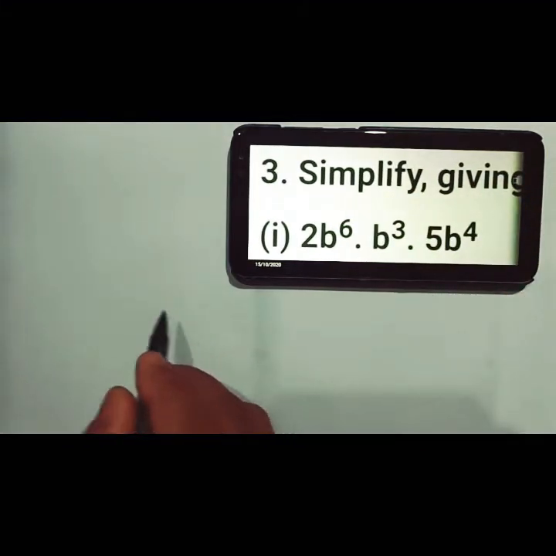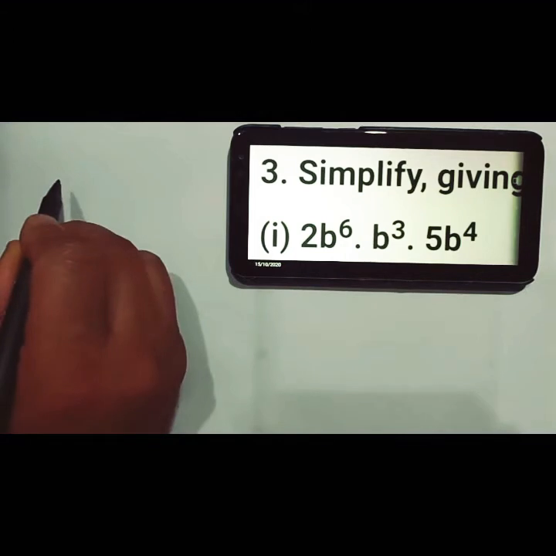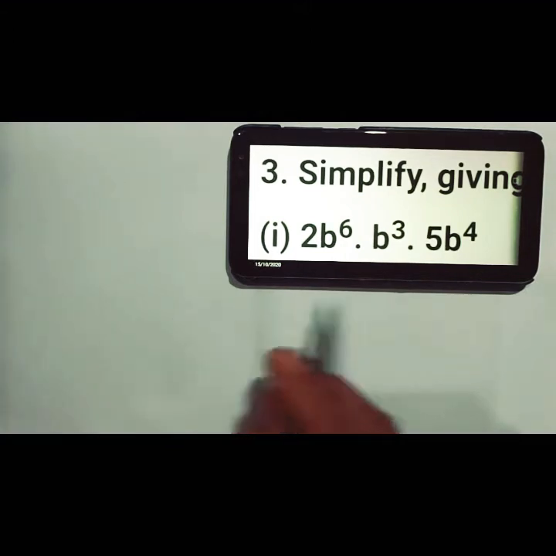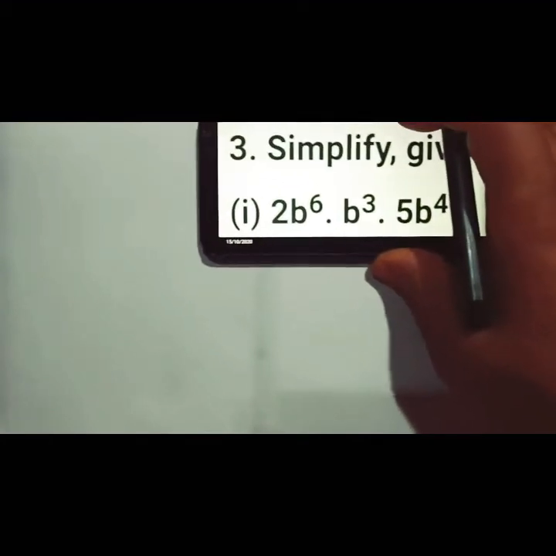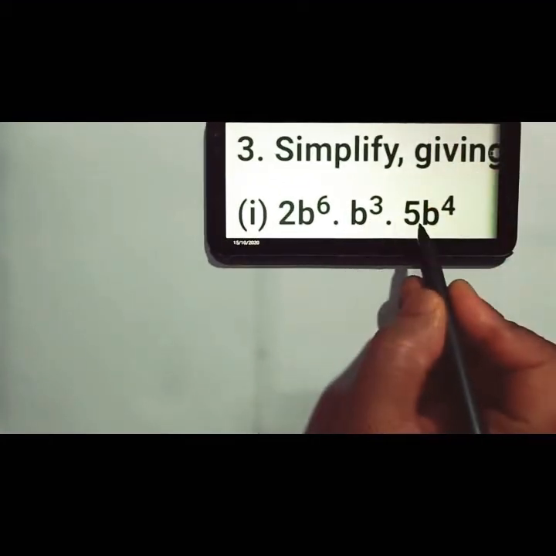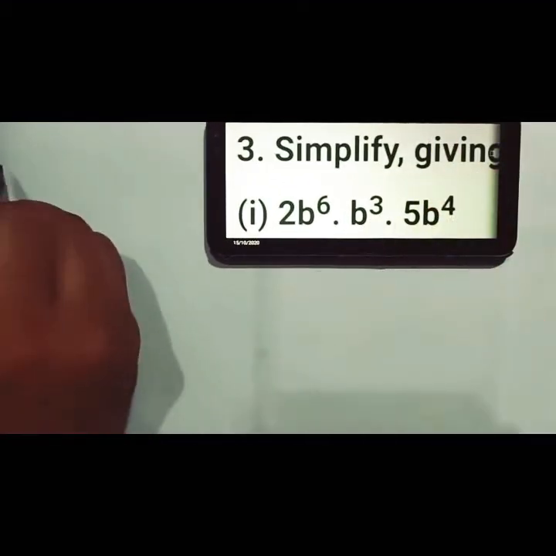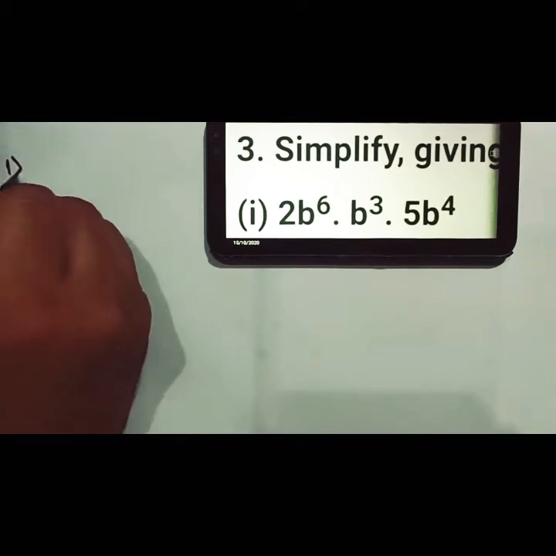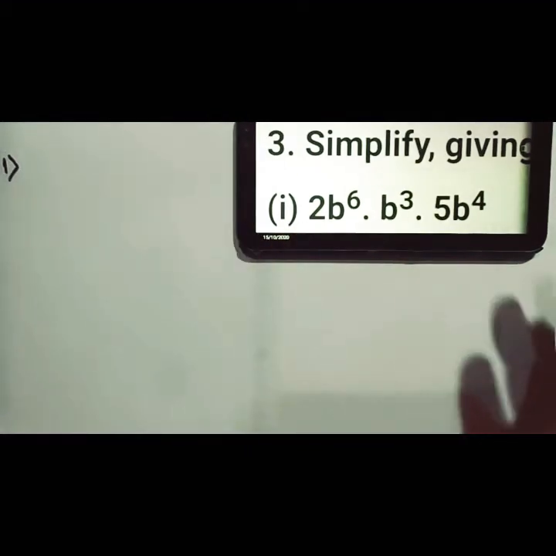We have number 1, 2b to the power 6, b cube and b to the power 4. When we solve this one, how do we go?